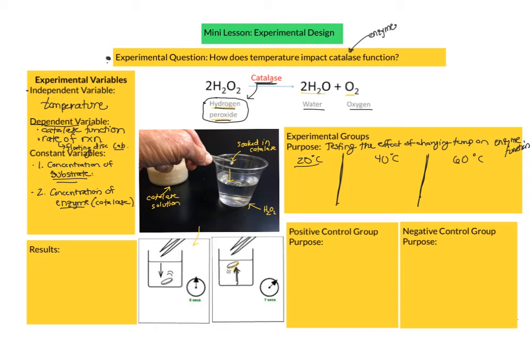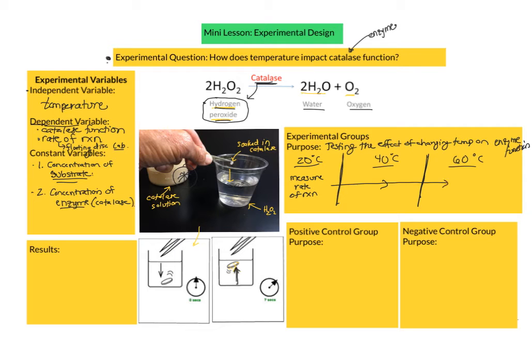And so at 20 degrees Celsius, at 40 degrees Celsius, and 60 degrees Celsius, we would run our experiment, like we see right here. And we want to measure the rate of reaction for all of these situations.